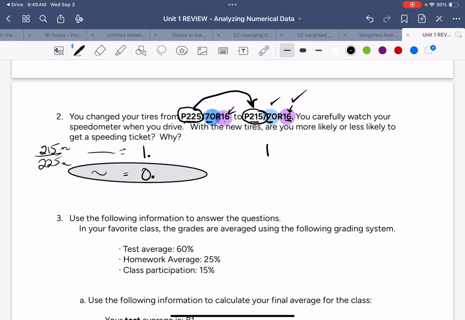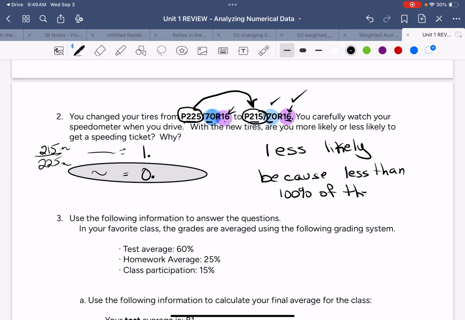So I am only going to be going less than 100% of the distance from the old tire. Now, can you go ahead and figure out the whole thing?